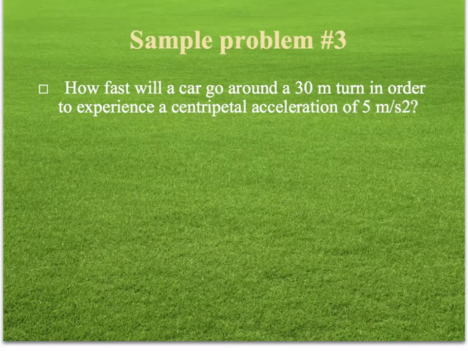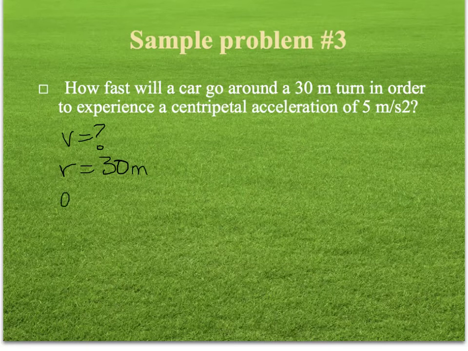Final problem. This one should be a little bit easier. How fast will a car go around? So we're looking for v. A 30-meter turn, so that's our r. In order to experience a centripetal acceleration of 5 meters per second squared.